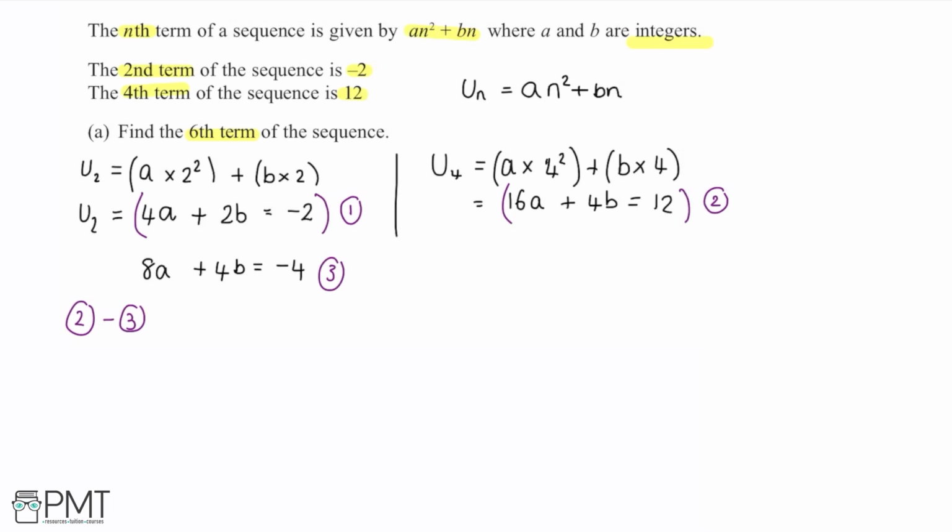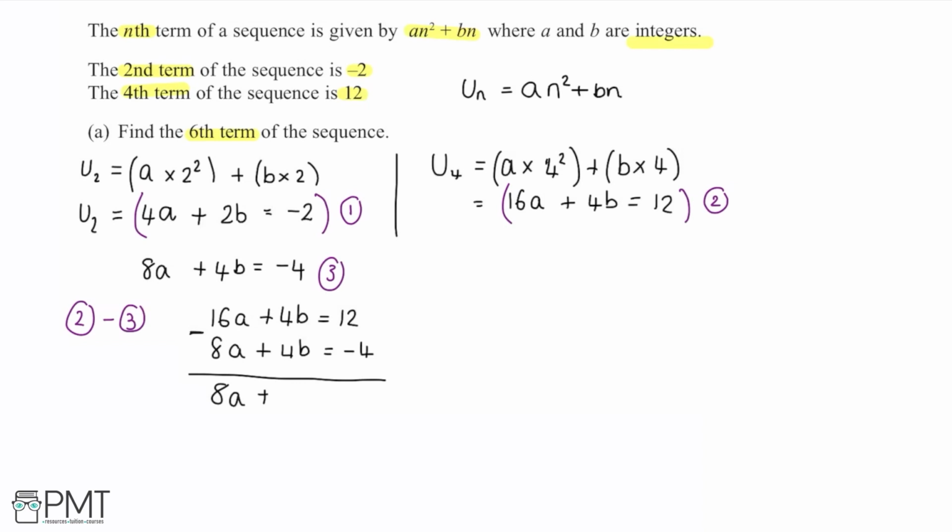So if we take equation 2, which is 16a plus 4b equals 12, and just right below it equation 3, which is 8a plus 4b is equal to minus 4, we can then subtract the bottom one from the top one. So we can do 16a minus 8a, and that gives us 8a down here.